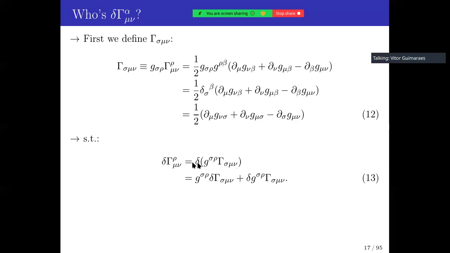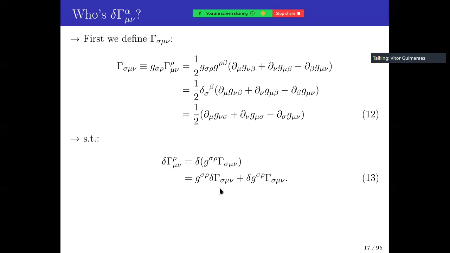And using the product rule here, we get to this, right? We do the variation with respect to g, and then the variation of the variation of g, and then the variation of the Christoffel symbol, just as we would do with the derivative operator, okay?